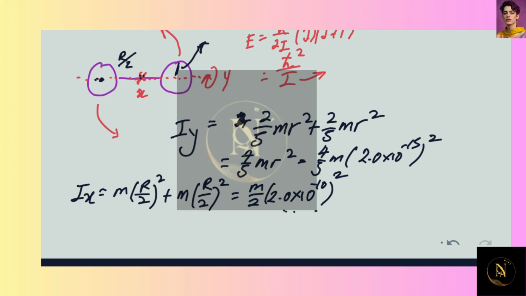Now to compare the energies between rotation about y and rotation about x, we take Ey divided by Ex. This gives us h bar squared over Iy divided by h bar squared over Ix. It's just Ix over Iy.